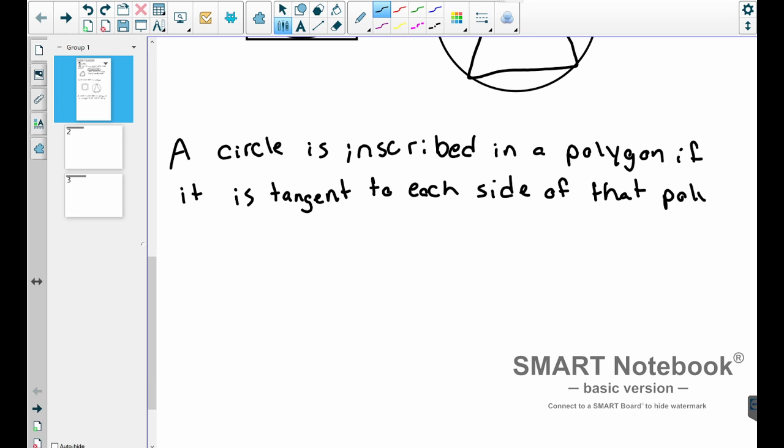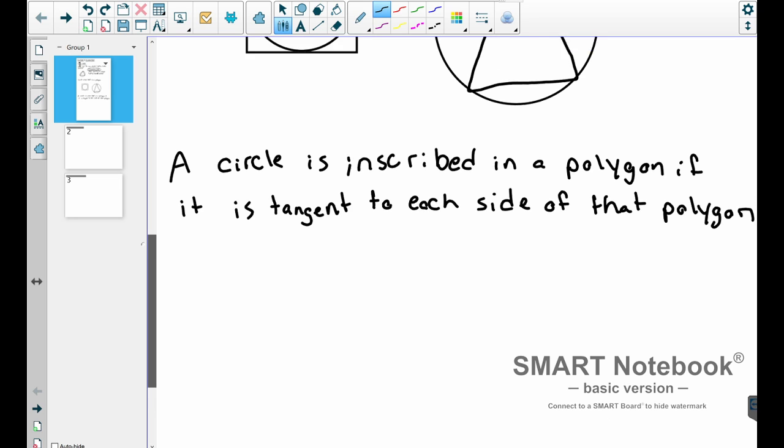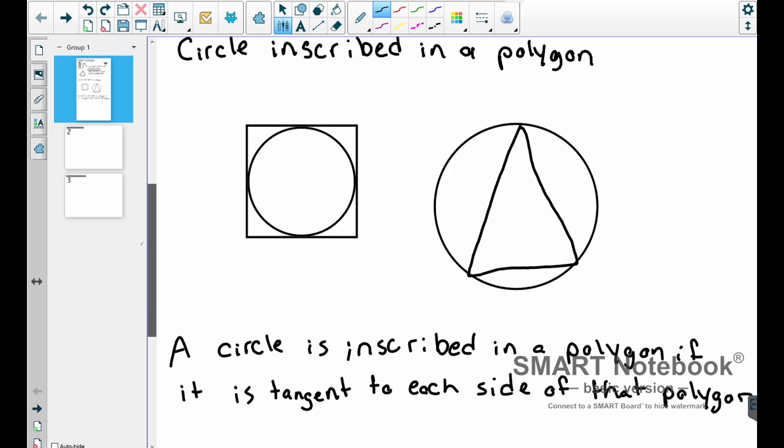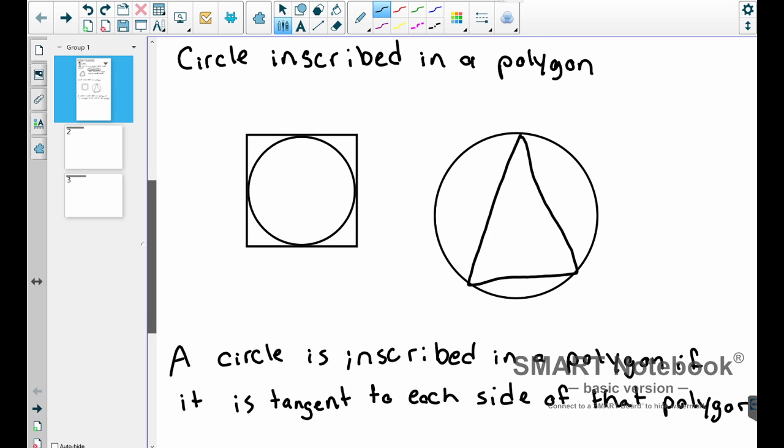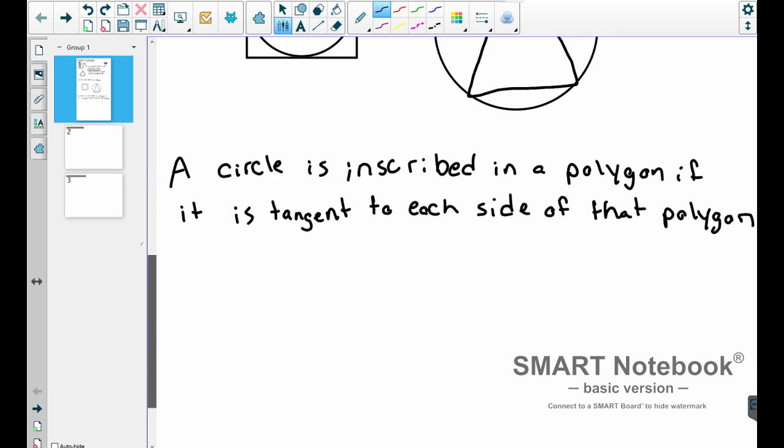So let's think about what tangent means. We said we had tangent lines, and tangent lines were a line that just touched one point on that circle. So if we go back up here and look, yeah, each side of that polygon, that square, is touching just at one point on the circle.